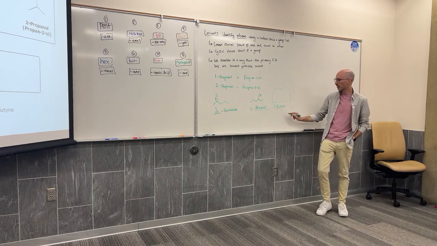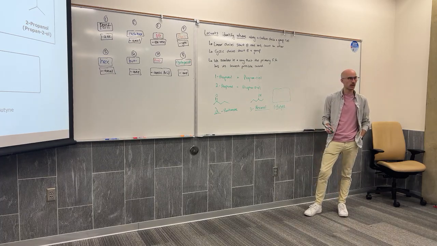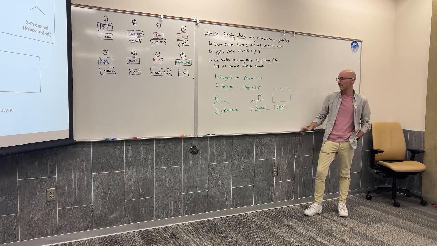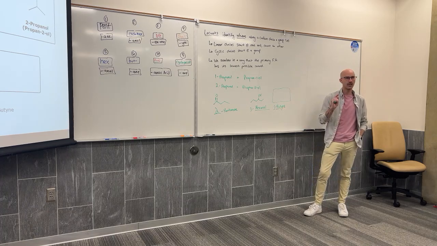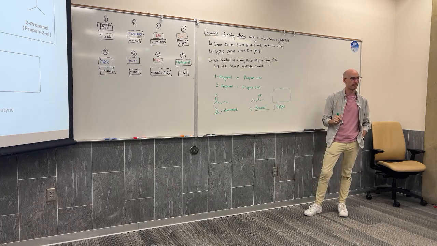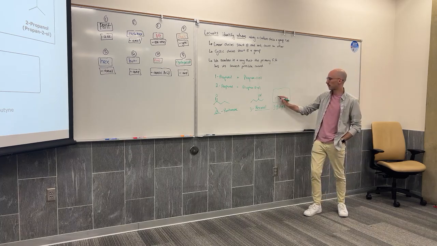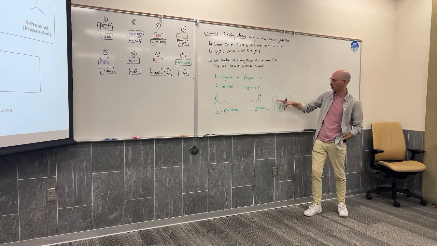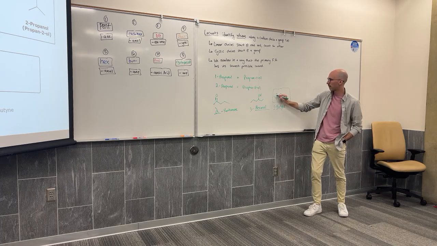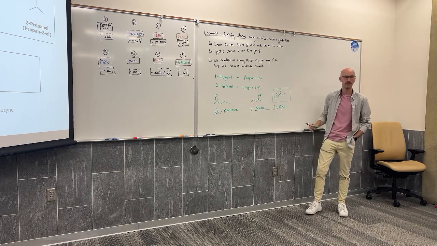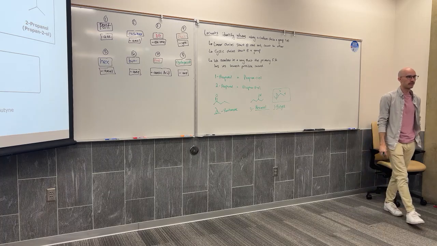That is a 4-carbon chain with only a carbon-carbon triple bond, and the carbon-carbon triple bond starts at position 1. So here's a carbon-carbon triple bond, and that's carbons 1, 2, 3, 4. There we've got 1-butyne.